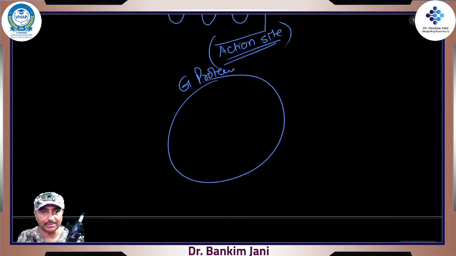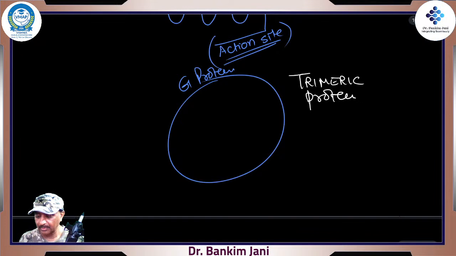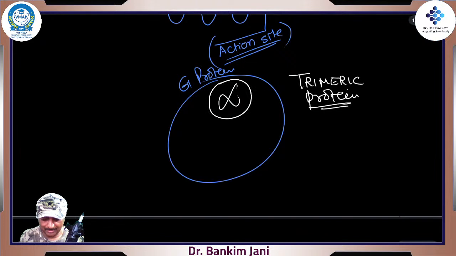It is called a trimeric protein. So it has got alpha. Alpha is A, that is our Arshad Warsi. And this is beta and gamma.